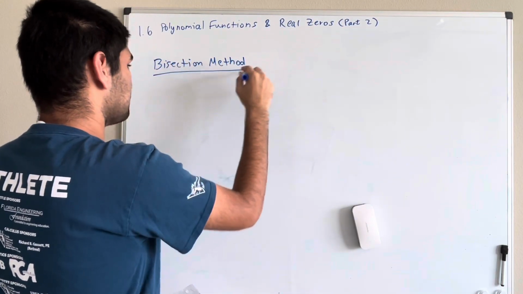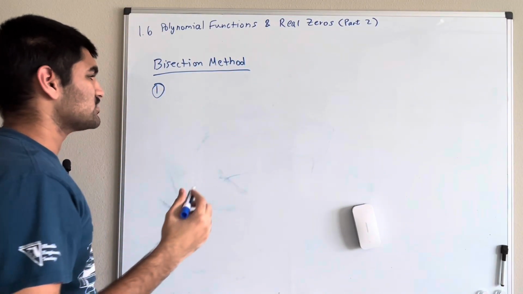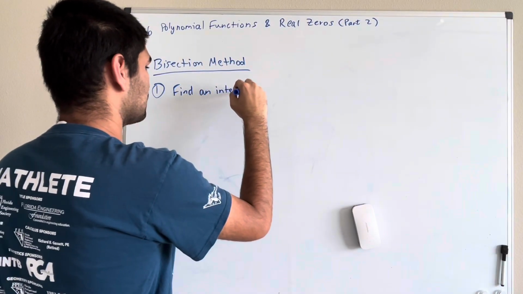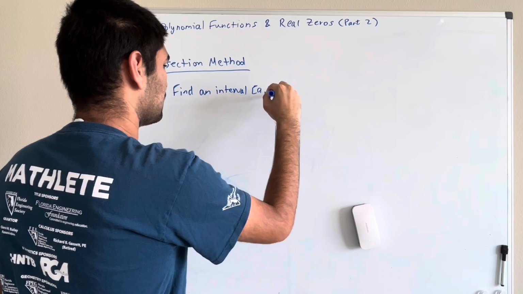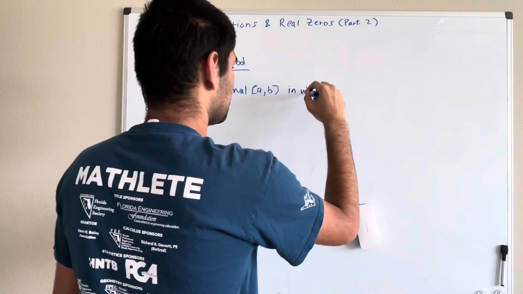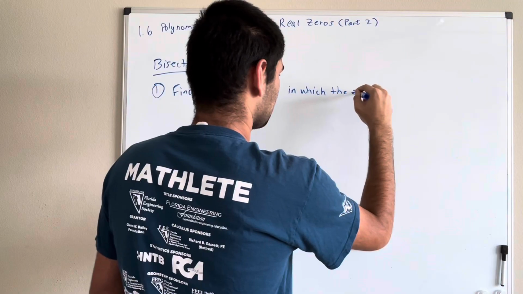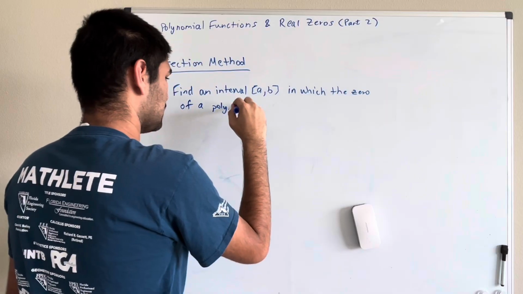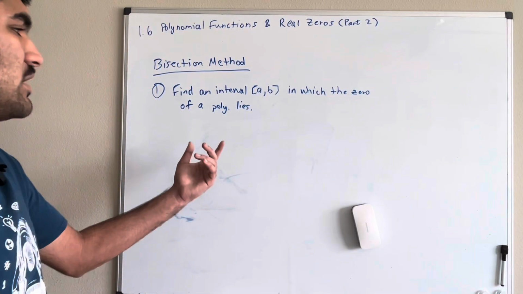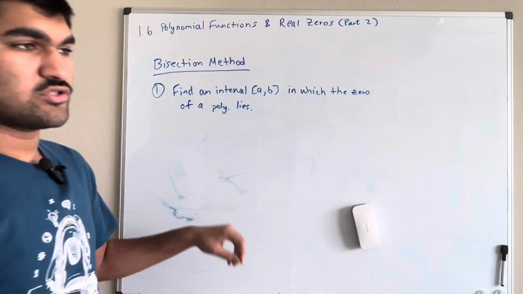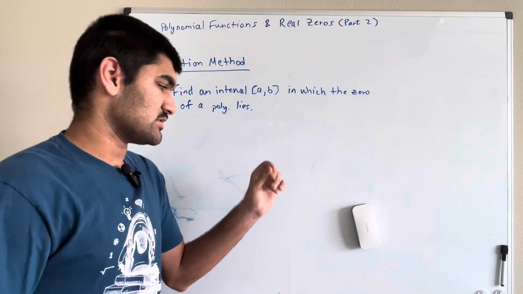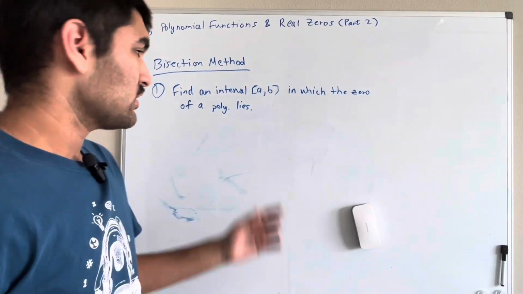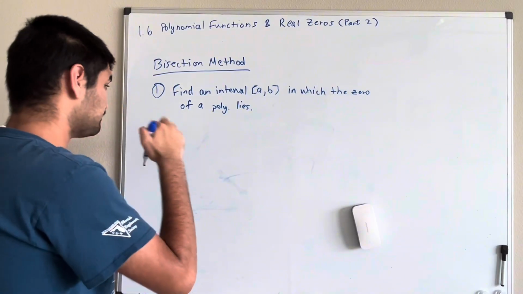The first step is to find an interval in which the zero of the polynomial lies. Basically, you have to choose some interval in which you're sure the zero lies, and this is what the intermediate value theorem is helpful in doing. It helps us get that interval.